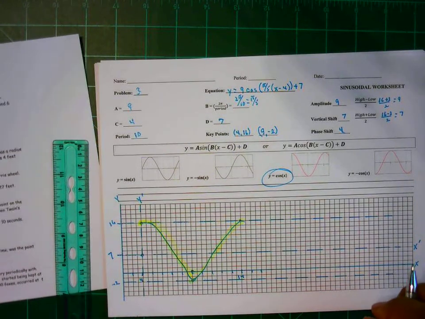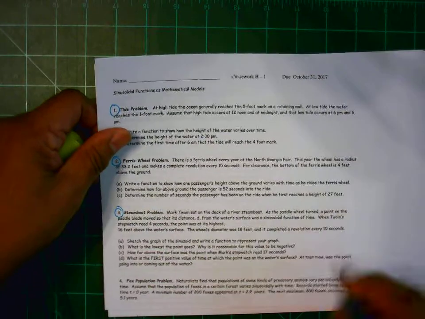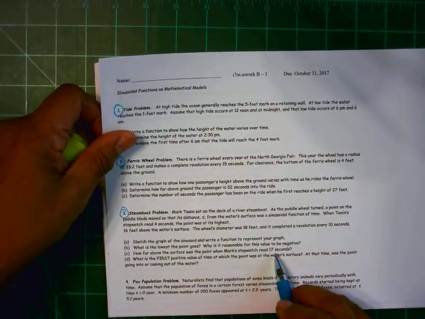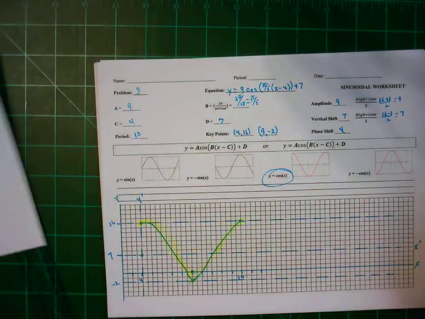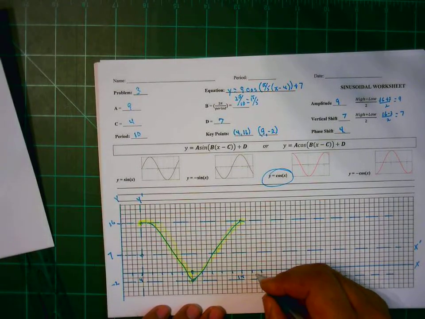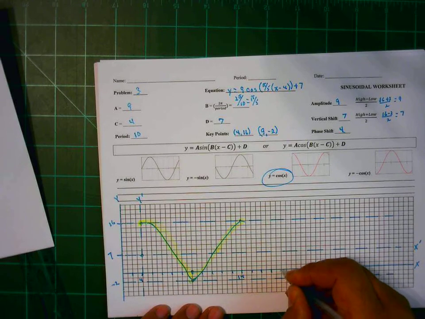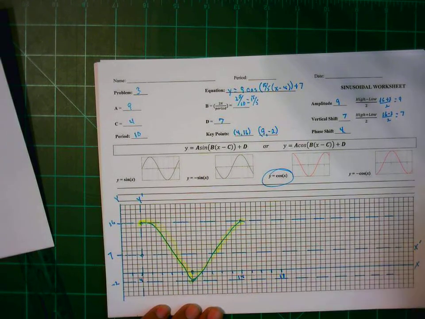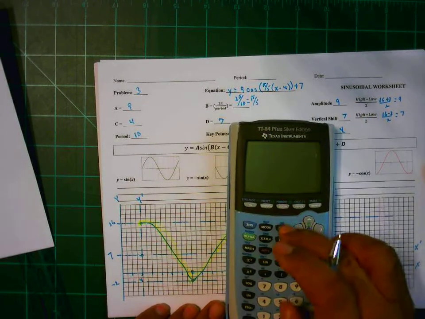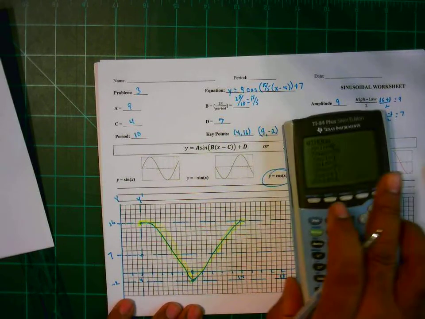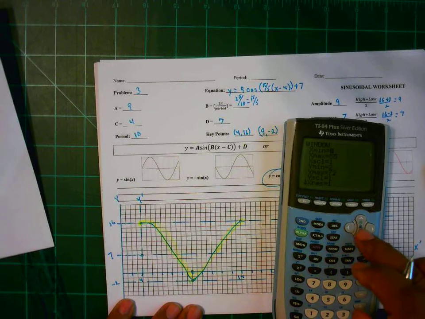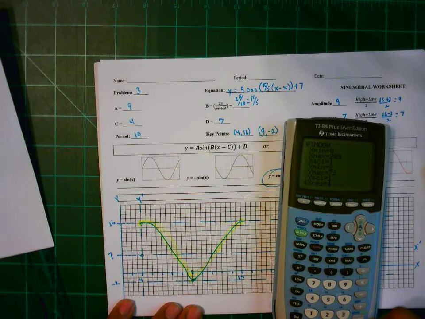Now we're asking the question to go out to 17 seconds here. So 15, 16, 14, 15, 16, 17. So let's go out to 18. Let's set up our window. So for the x-axis we need to go to 18, so we'll go with a minimum of 0 and go out to 20.